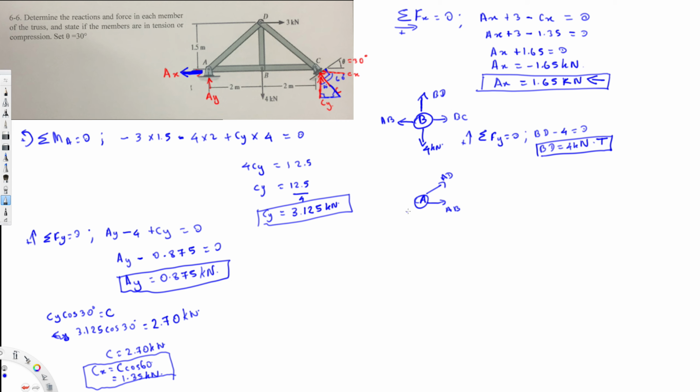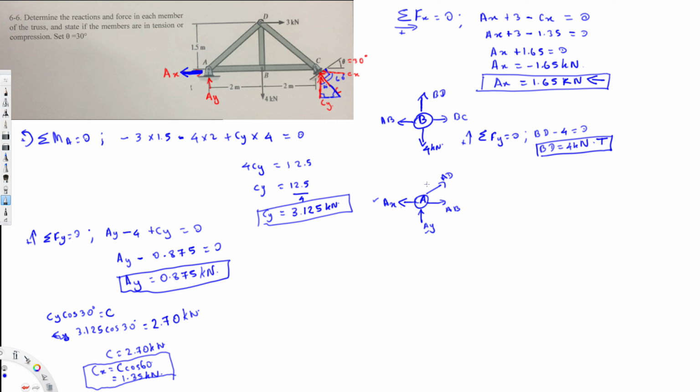Also we have Ay acting upward, and we have Ax acting in this direction. So we know Ay, we know Ax, we don't know AB, we don't know AD.